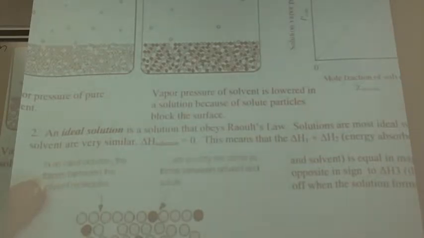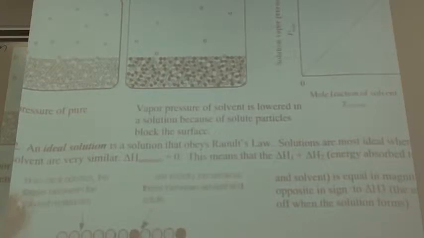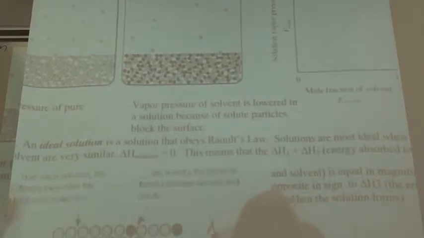Good. Okay. Now, yesterday we talked about the enthalpy, or the energy changes when a solution was formed. And we talked about delta H1 was the expansion of the solute. And we said that was always endothermic. We talked about delta H2, which was the expansion of the solvent, and it is always endothermic.